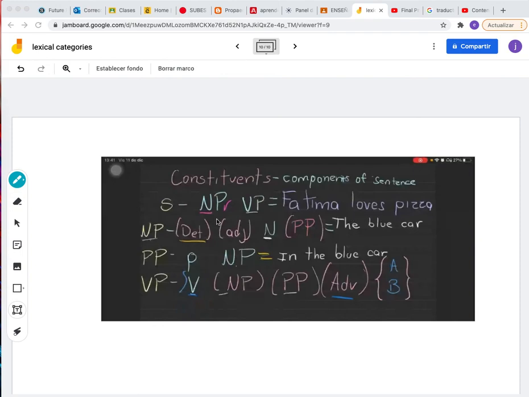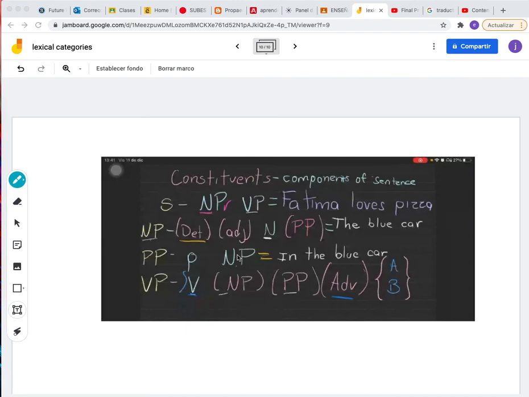Okay, so the next one is the noun phrase, where we find a noun first. The other elements in parentheses are optional, for example determiner, adjective, and a prepositional phrase. For example, the noun phrase in this case is the blue car, where the noun is car.